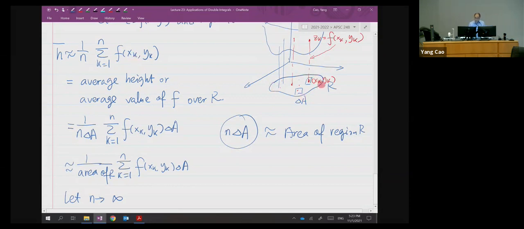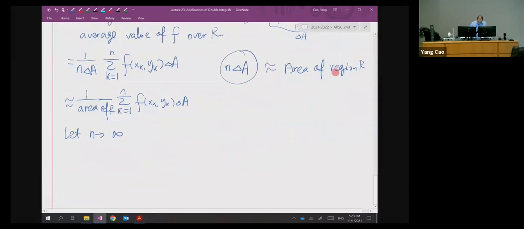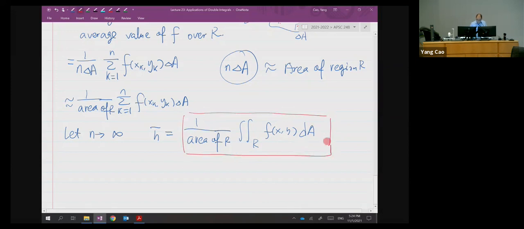Of course, there are infinite points within the region R. Once n goes to infinity, this is still the average value of the function f. n times delta A becomes the area of R, and the summation sign becomes a double integral. You're integrating this function, and delta A becomes dA.